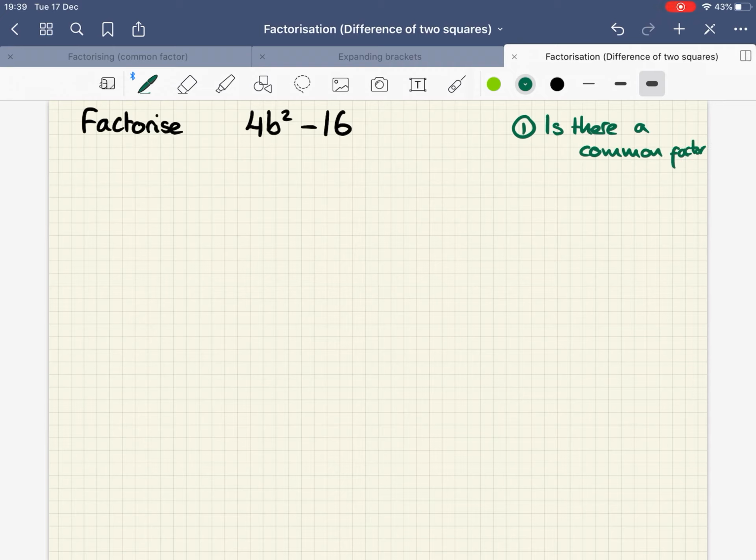If there is, going to make it into a single bracket. Then ask yourself, is there a difference of two squares? And even if I common factorise first, I'm still going to check my number 2.